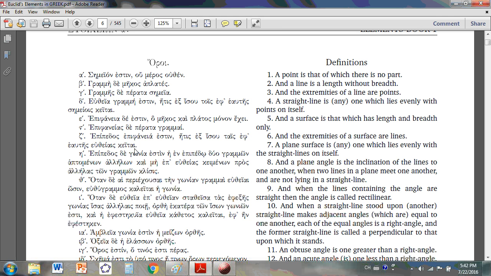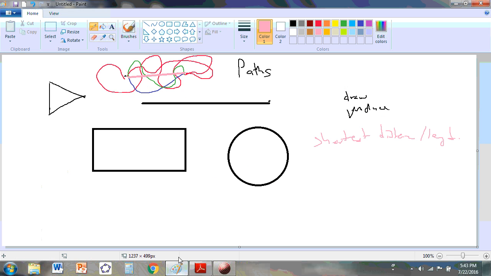But what it really means is this: a straight line can't be placed evenly on any other line unless it is a straight line also. But other lines have equal length but cannot lie evenly on each other. So what am I talking about there? Well, if you have two points here, you have this point. Let's just change the color so you can see what's going on.